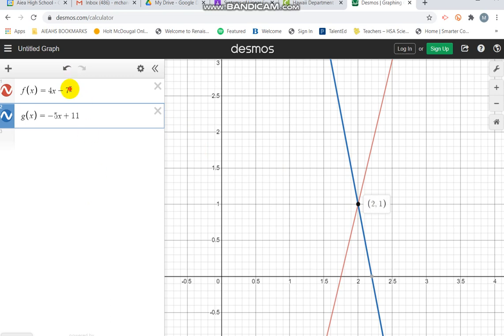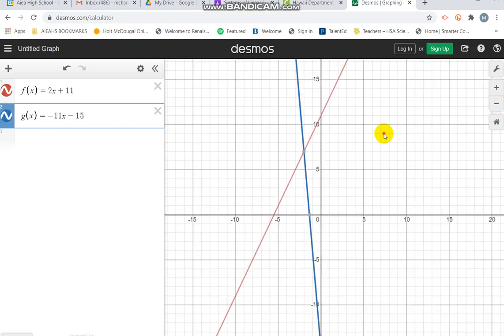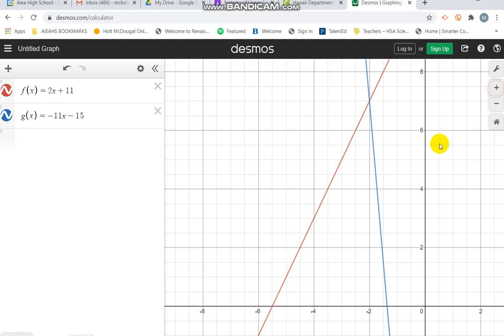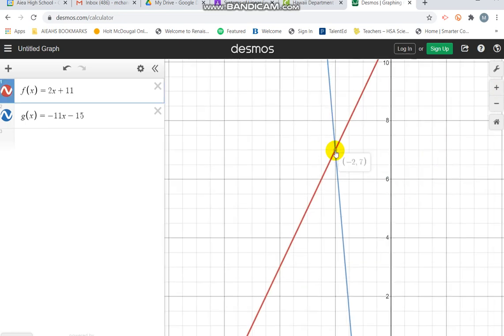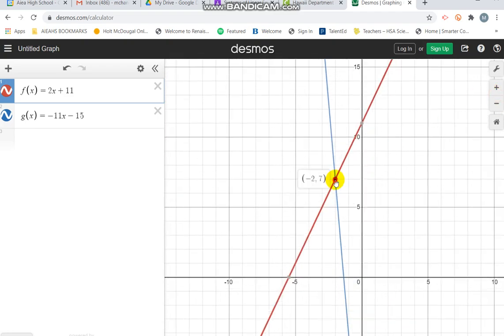Let's say I change it up. Let's say I gave you something like 2x plus 11, and I gave you something like negative 11x minus 15. Okay? So if I look here, again, there's one point of intersection, no matter how far I go out, and it is going to be at negative 2, comma 7.